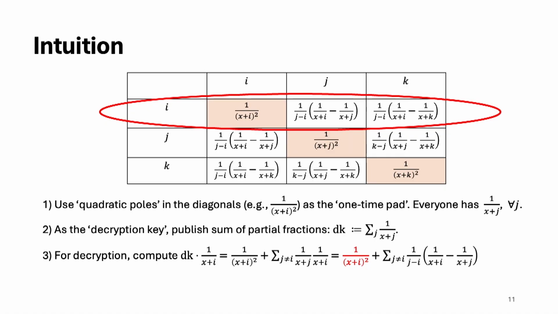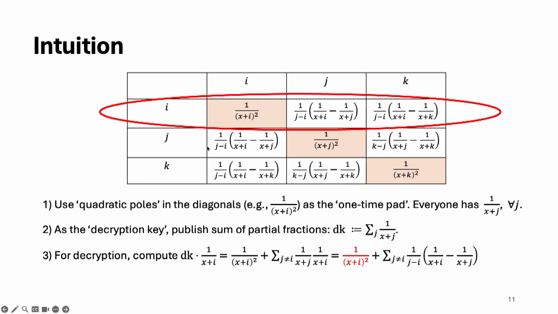The way to do that is you take the decryption key, which is the sum of the fractions, and you multiply it with 1 over x plus I, where this I term is the index of the ciphertext. Now, our decryption key is basically a sum of fractions. What happens when you multiply a sum of fractions with 1 over x plus I?